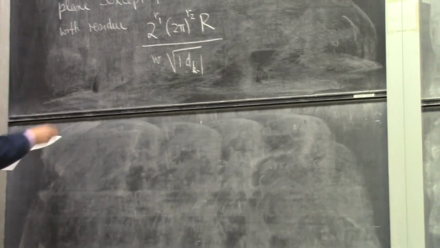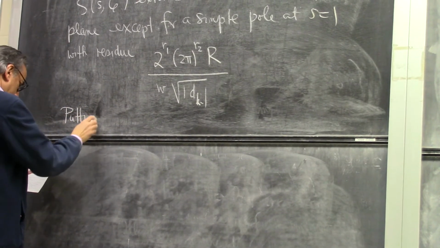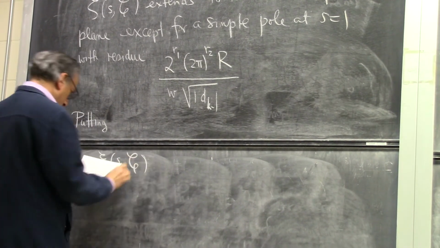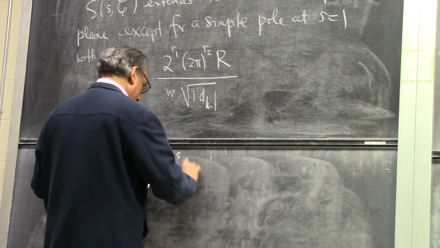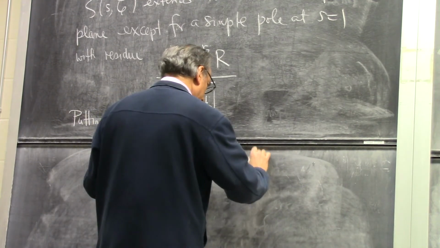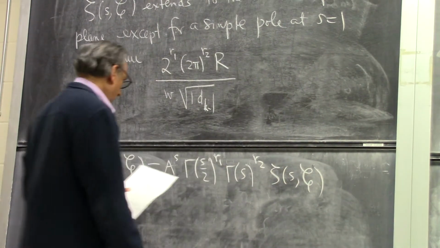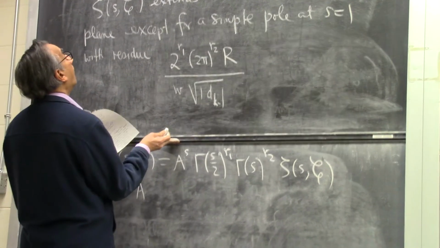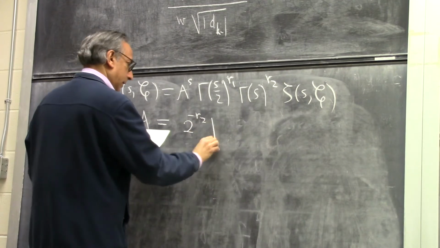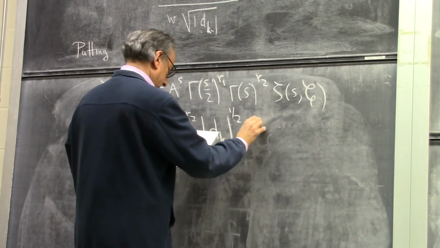So this is the residue, and putting C(s, C) to be A to the s, gamma(s/2) to the power r1, gamma(s) to the power r2, zeta_K(s, C), where A equals 2 to the minus r2, discriminant of k to the power 1/2, pi to the minus n over 2.